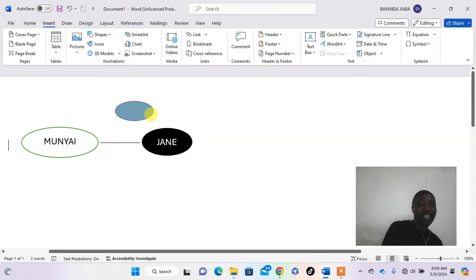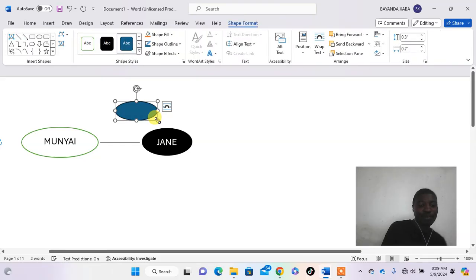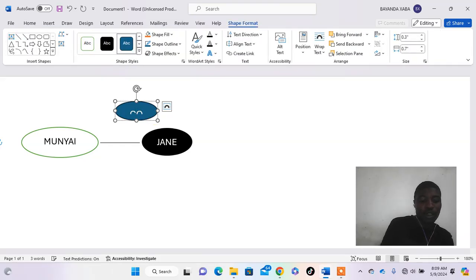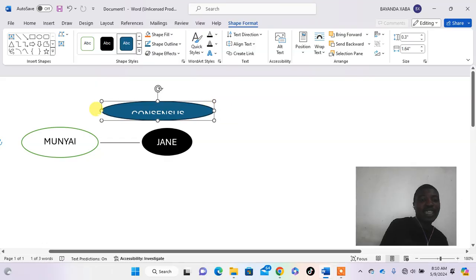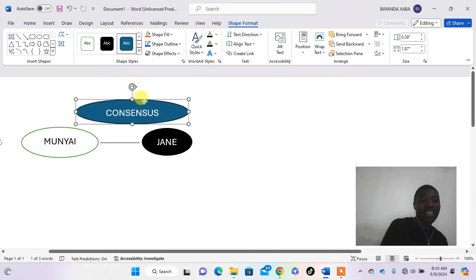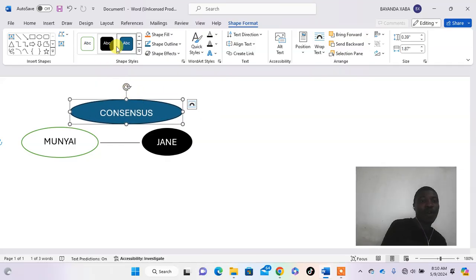Then they reach something called a consensus that we are getting married. A consensus means that they have agreed that they are getting married. So they reach consensus by agreeing that we are getting married. All right?